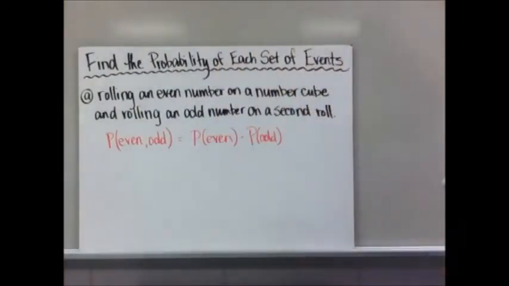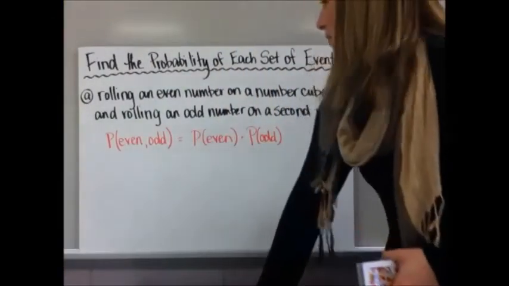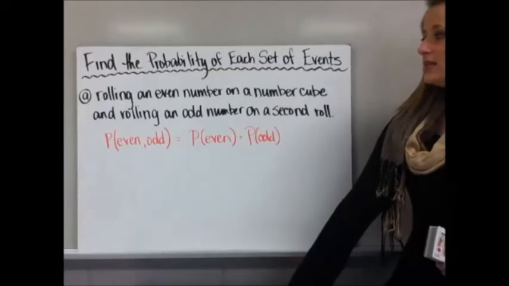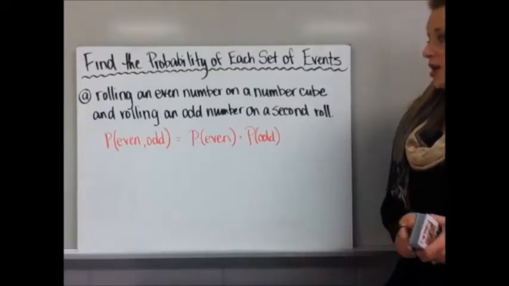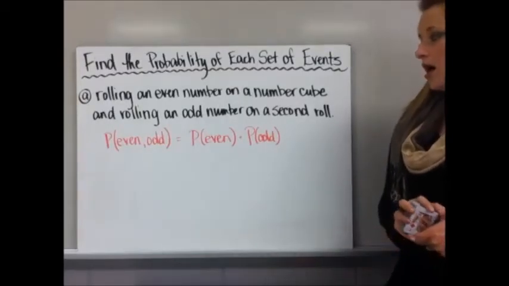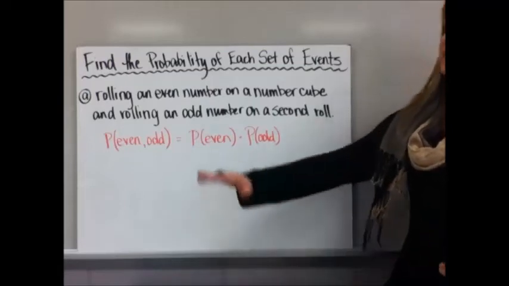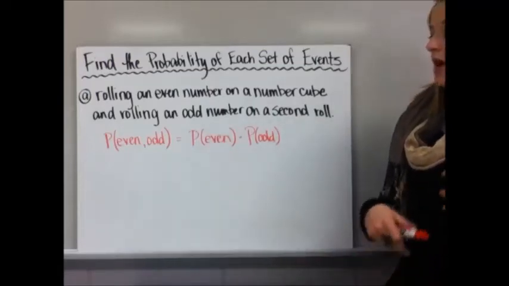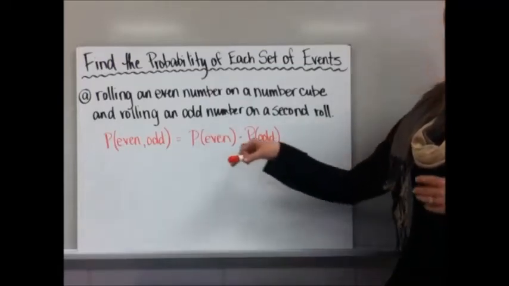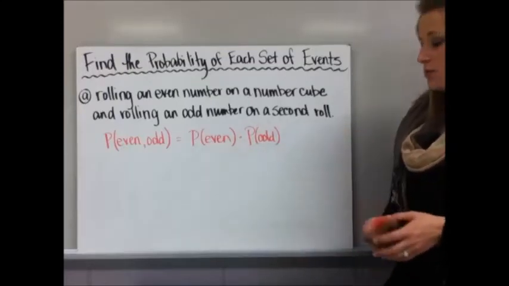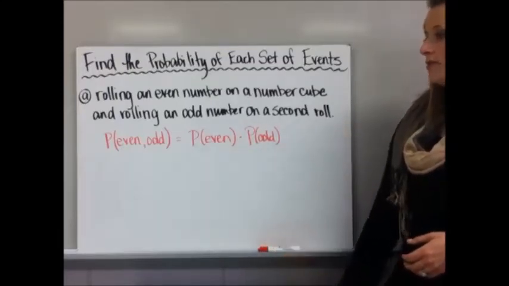So let's practice this a little bit. To find the probability of each set of events, rolling an even number on a number cube and rolling an odd number on a second roll. These are independent events, so I'm not having to think about odd after rolling an even. I just multiply the probability of each of those.